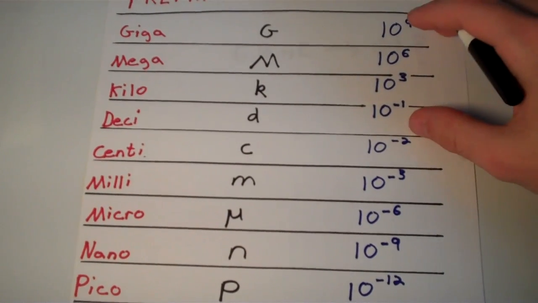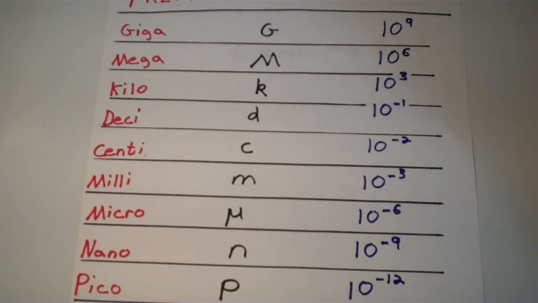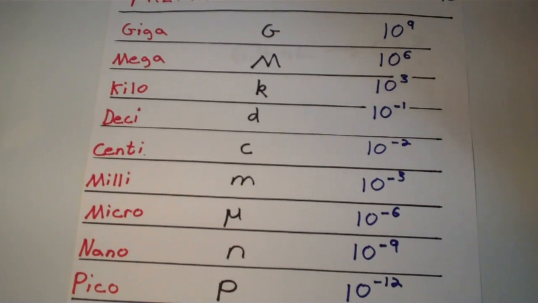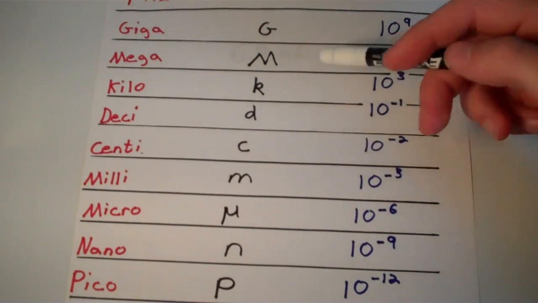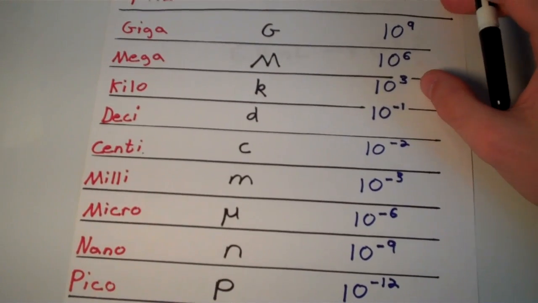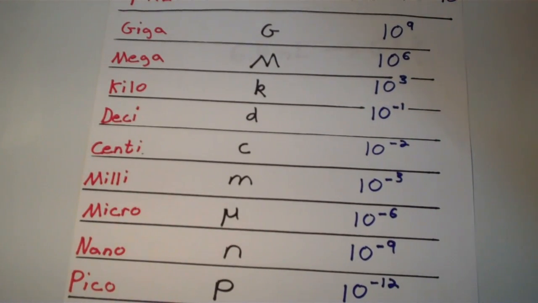Then your answer will be wrong, or your professor might count off for that. So it's very important to have the right case when you're working with these prefix multiplier symbols.